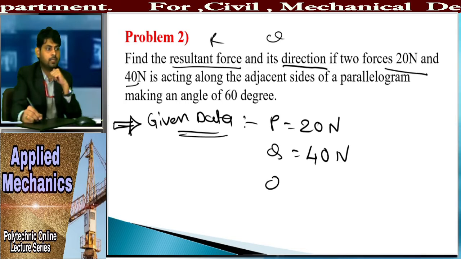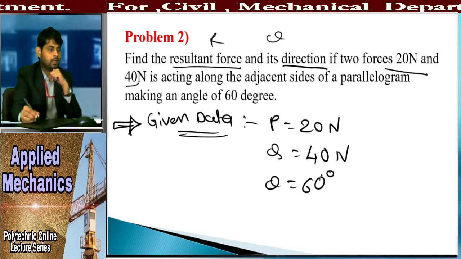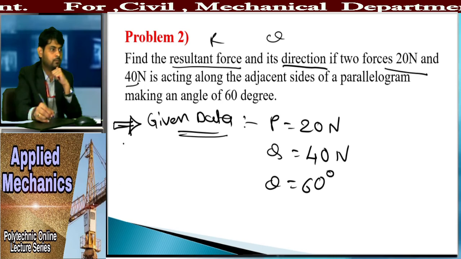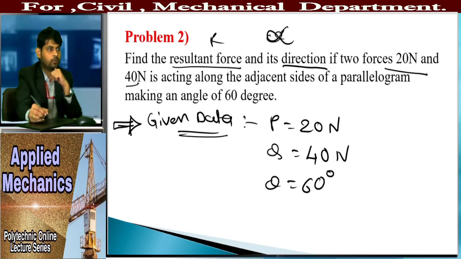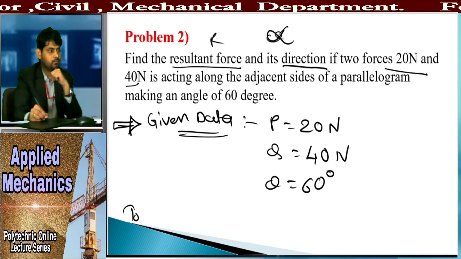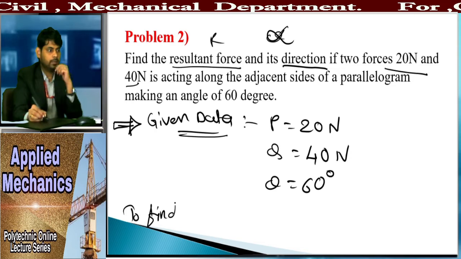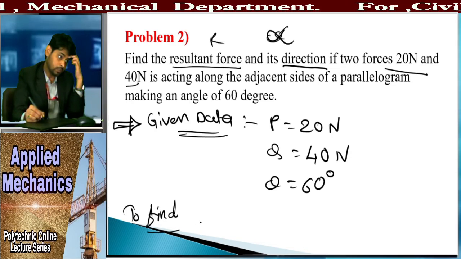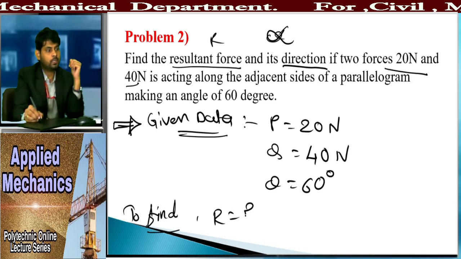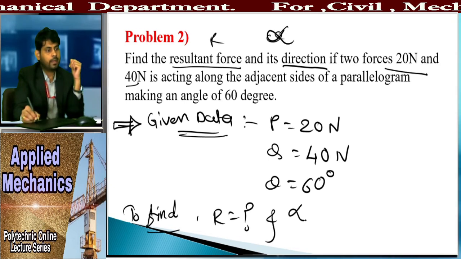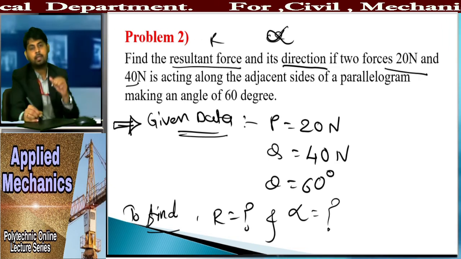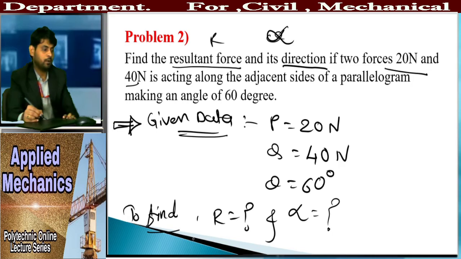So the angle is given, 60 degree. And what we have to find out? Here alpha we have to find out. To find: R is equal to how much, and direction is equal to how much. These two terms we have to find out.